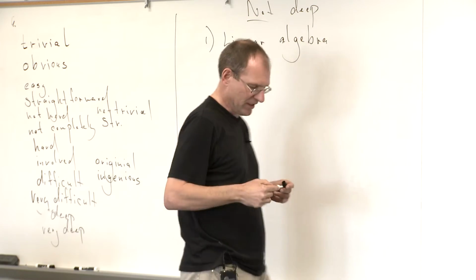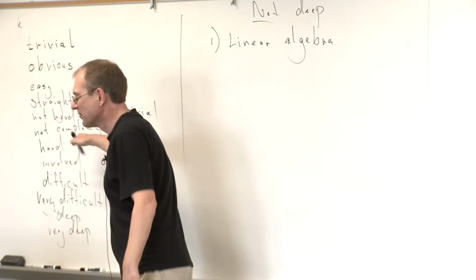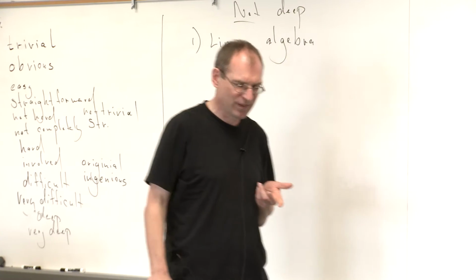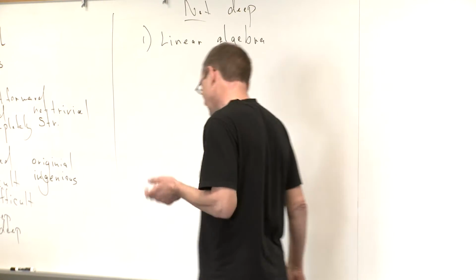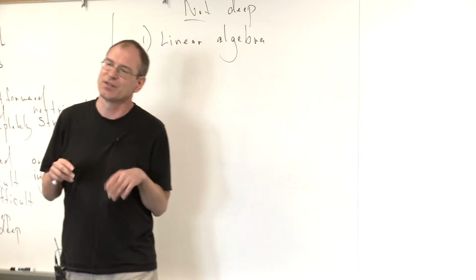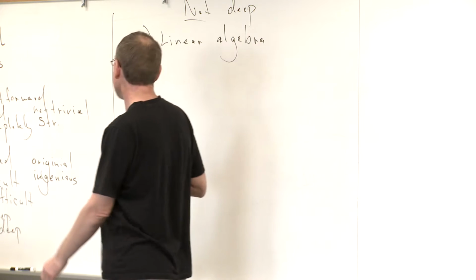Can you tell me any result of linear algebra that is even in the middle range here? Probably the only thing that qualifies, with a little bit of work, is that if you have two finite dimensional vector spaces, you prove that two bases have the same cardinality. There you have to work a little bit.